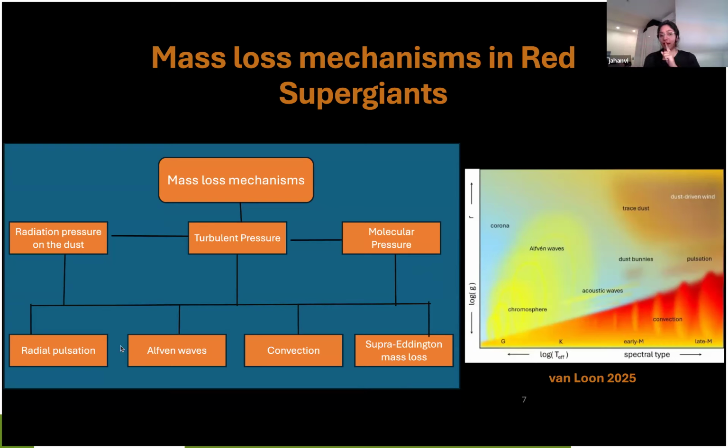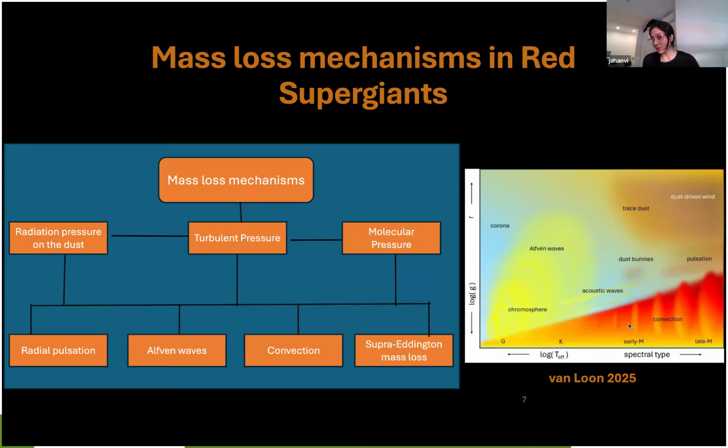And then from this point onwards to infinity, these major pressure mechanisms can play a role to take this material from this particular point to infinity, in order to have this huge mass loss from red supergiants.